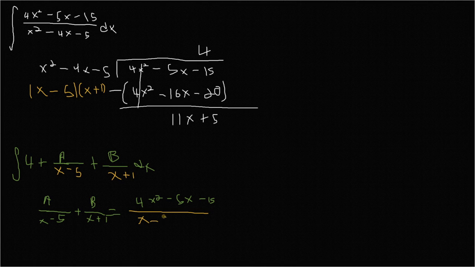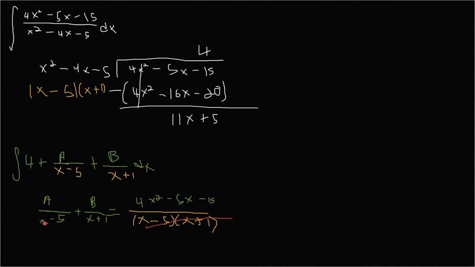x minus 5 times x plus 1. And so we know when we multiply these, we're going to basically cancel out this whole bottom term on the right.